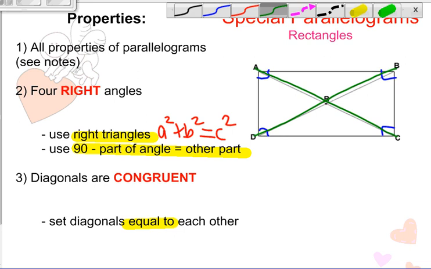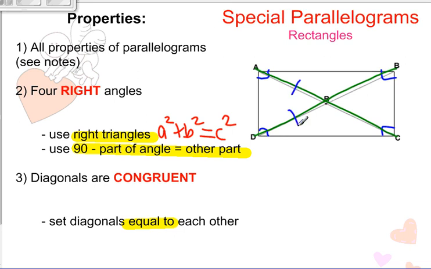So all of their little pieces will also be congruent to one another. And here you're just going to set those diagonals equal to each other. Remember, sides again hold the properties of parallelograms, where the opposite sides would be congruent.